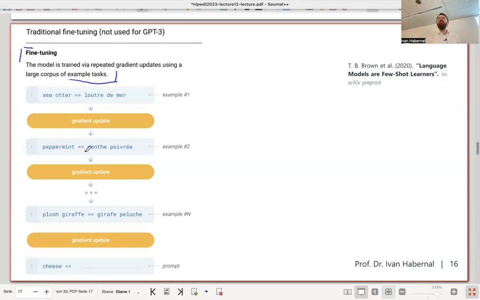Peppermint. How's that? Okay, cool. Something else in French. And then again, you do the gradient update and so on. So plush giraffe. How's giraffe in English? Giraffe peluche.